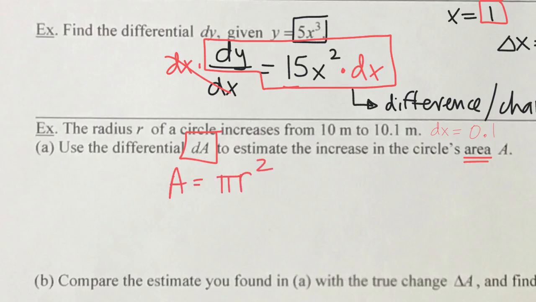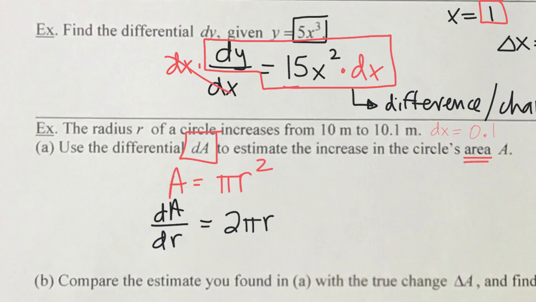Right? You need to memorize the area of a circle formula. It's never going to be given to you on an AP test. So memorize that one. So now let's take the derivative. This is dA over dr, because r is your other variable. It would be ridiculous to put an x in there. Equals 2 pi r, the derivative of pi r squared.